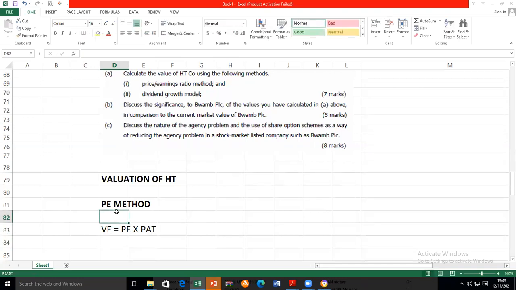If you're looking at share price, it equals PE multiplied by EPS.